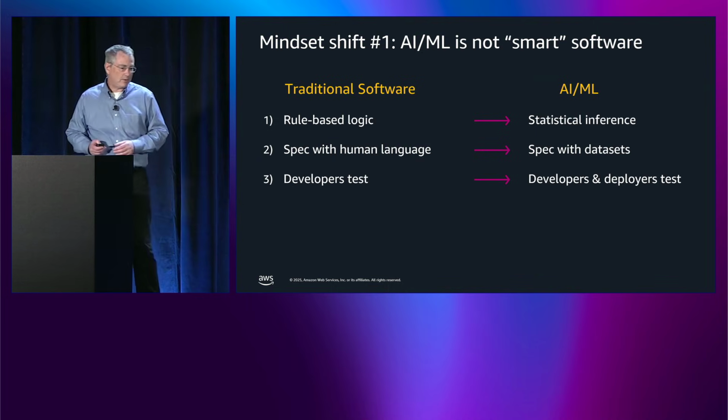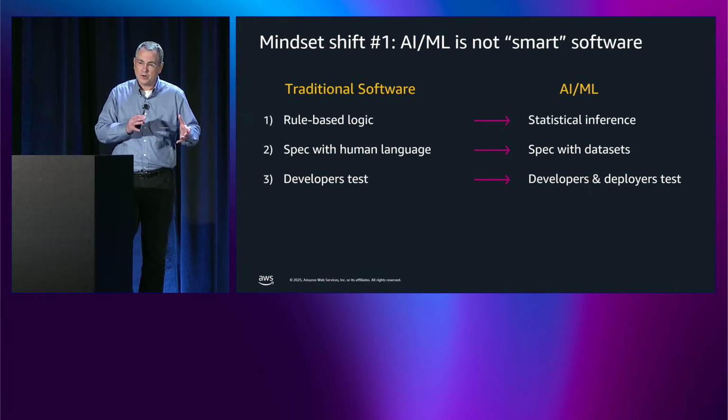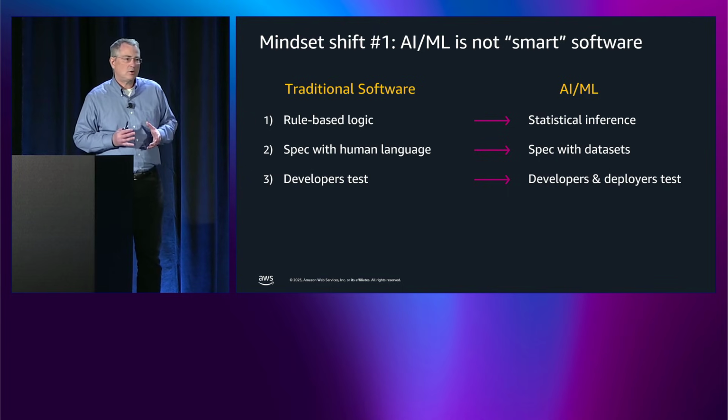A third point, right, is that with traditional software, you expect it to work out of the box. The developer is responsible for the quality of that product. But with a statistical model, it's different. The developer anticipates the kinds of input distributions that they'll get, but they can't know for sure.